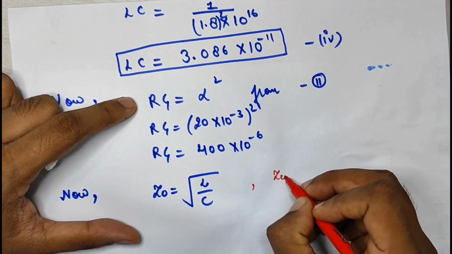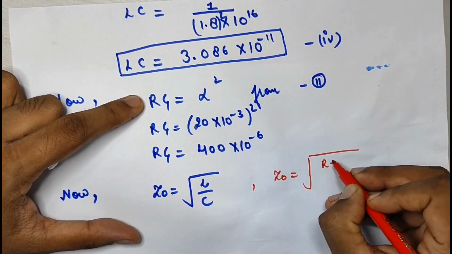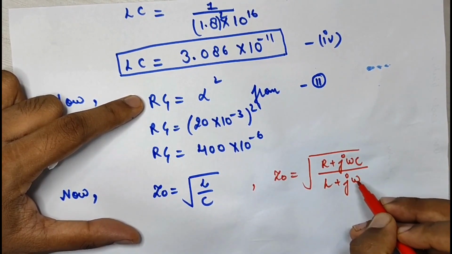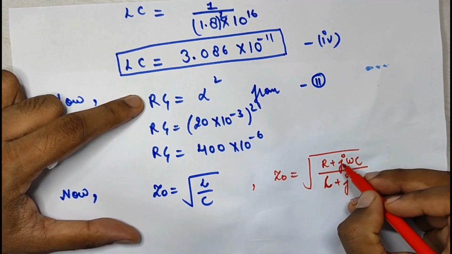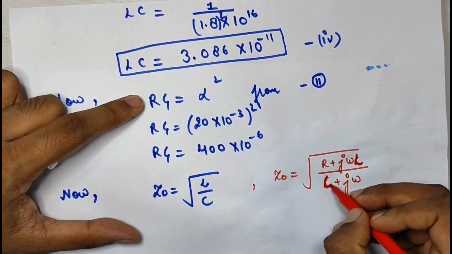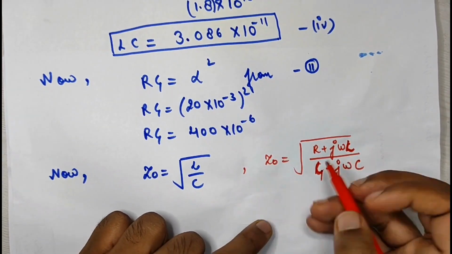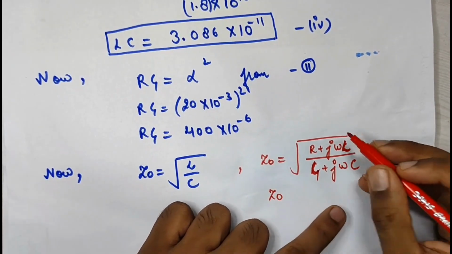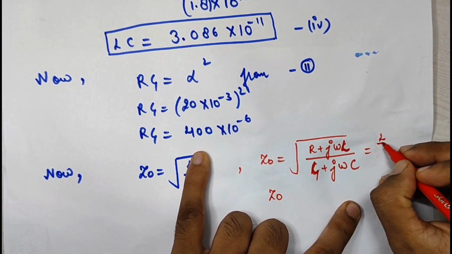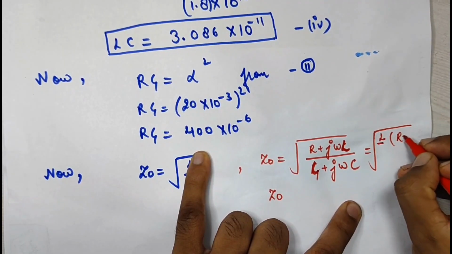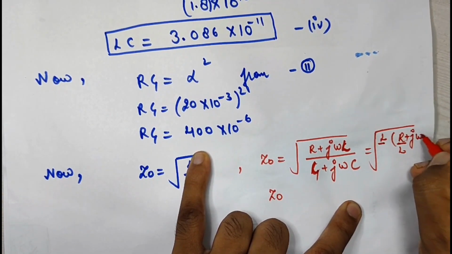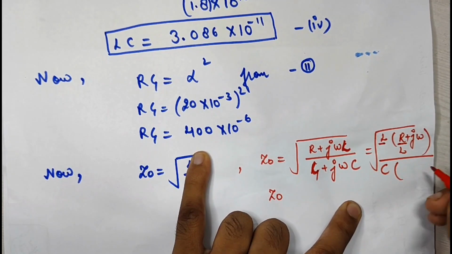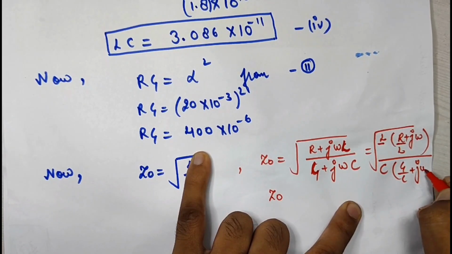As we know, the formula of characteristic impedance is root of R plus j omega L upon G plus j omega C. What we'll do, we can take L common, so this will be L times R plus R by L j omega, upon, we can take C common from here, G by C plus j omega.